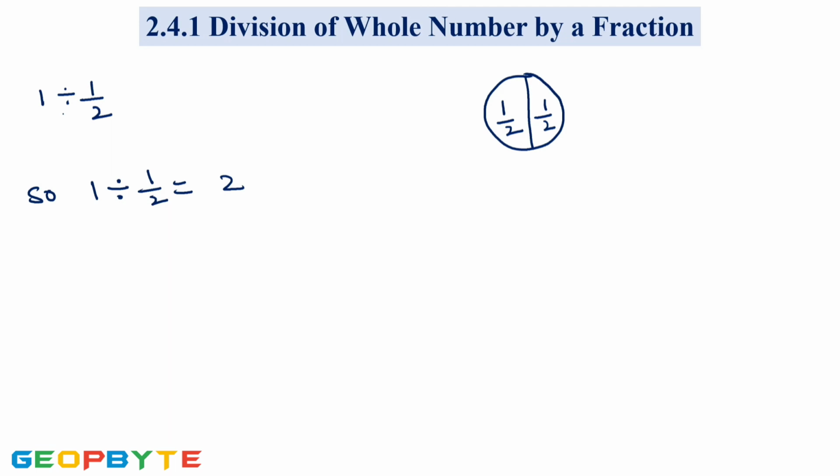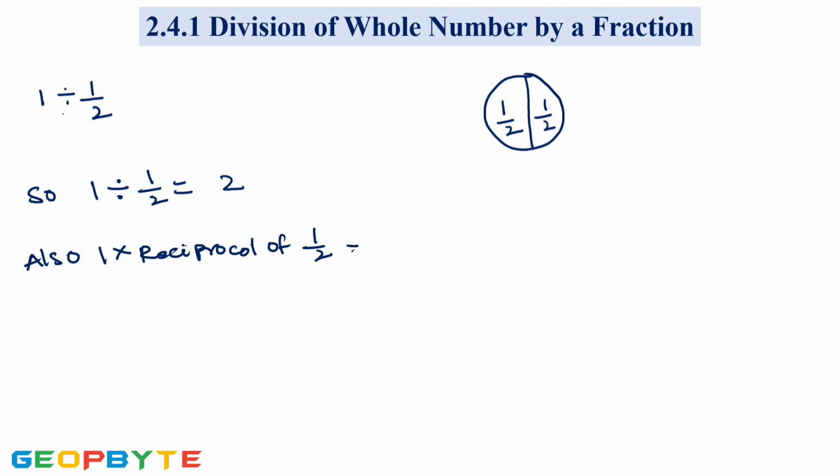Also, 1 into 1 by 2. For 1 by 2, we can also find the reciprocal. Reciprocal can be obtained by interchanging the numerator and the denominator. In this case, we have 1 by 2, so we need to find the reciprocal of 1 by 2.